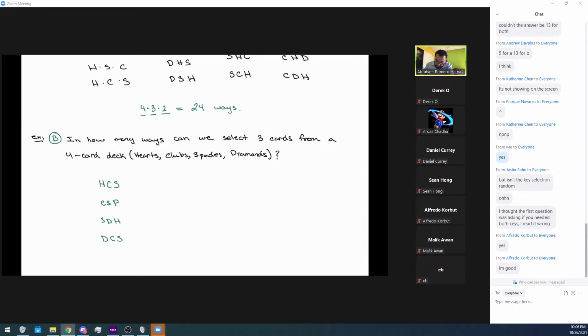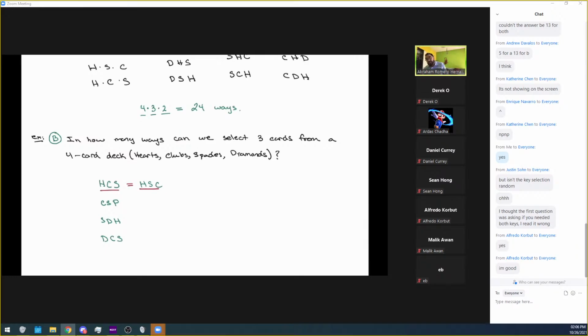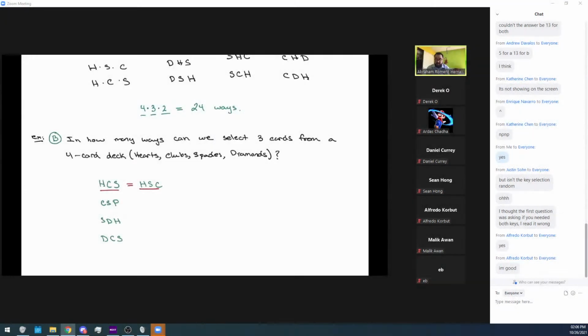Why can't I do the hearts, the spades, and the clubs? Because this selection is the same as this selection here. They are both the same. I know that's not proper notation, but I'm just trying to express it.